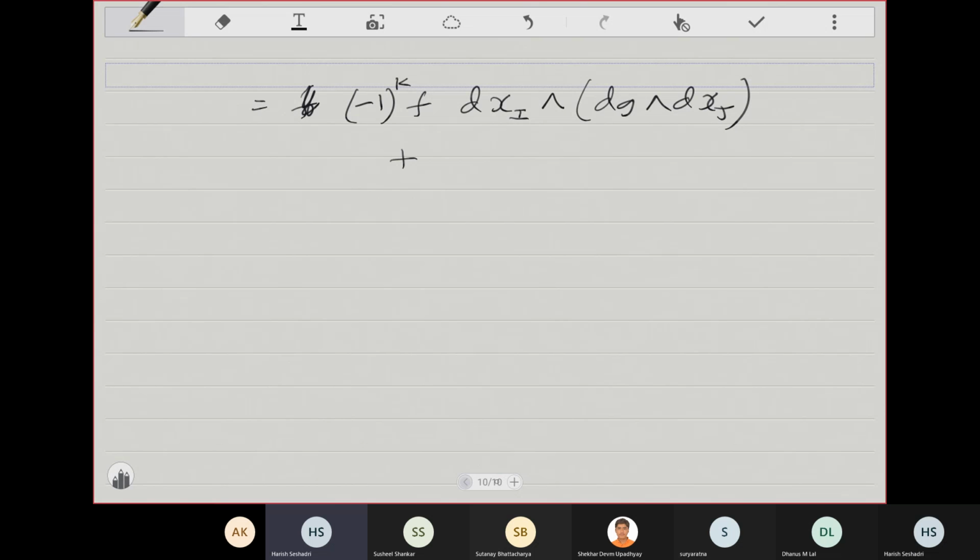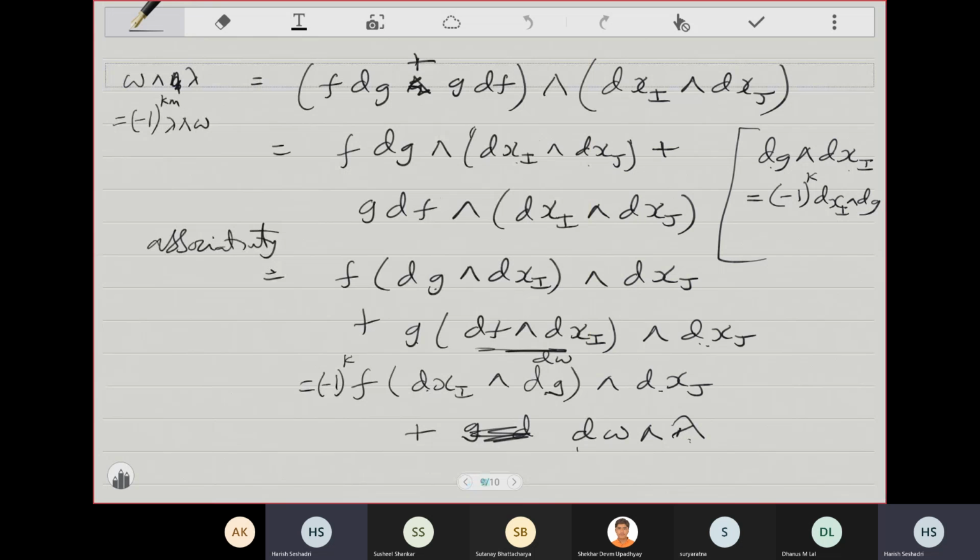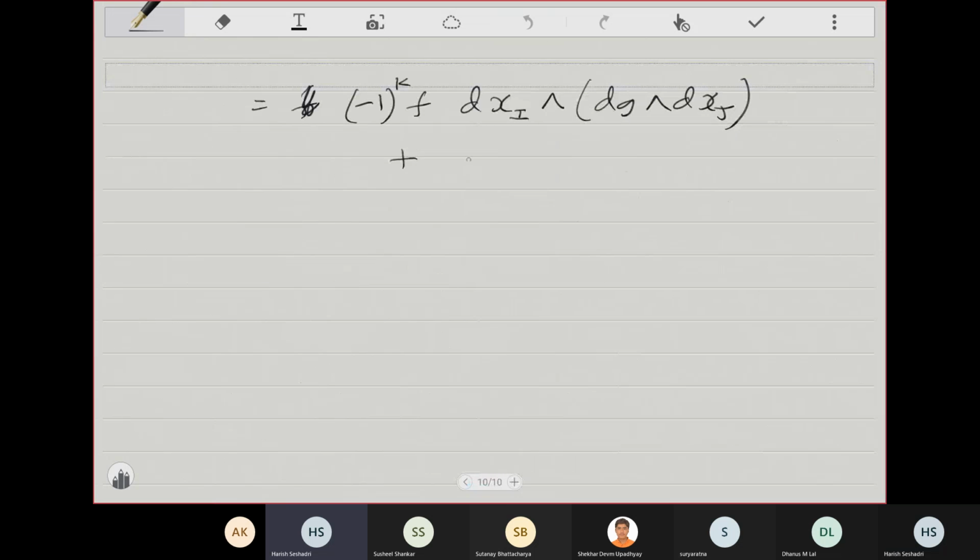This was d omega wedge lambda. Now we are done because f dxi is by definition omega, and this by definition is d lambda.